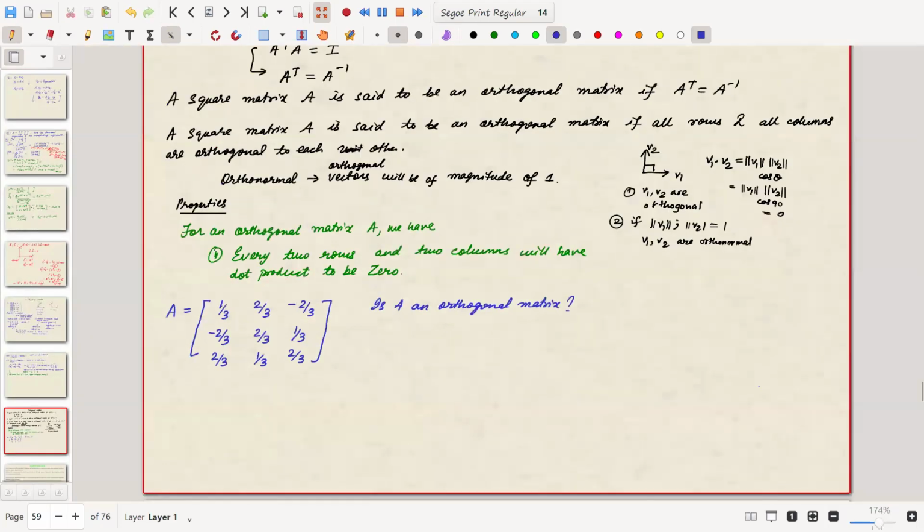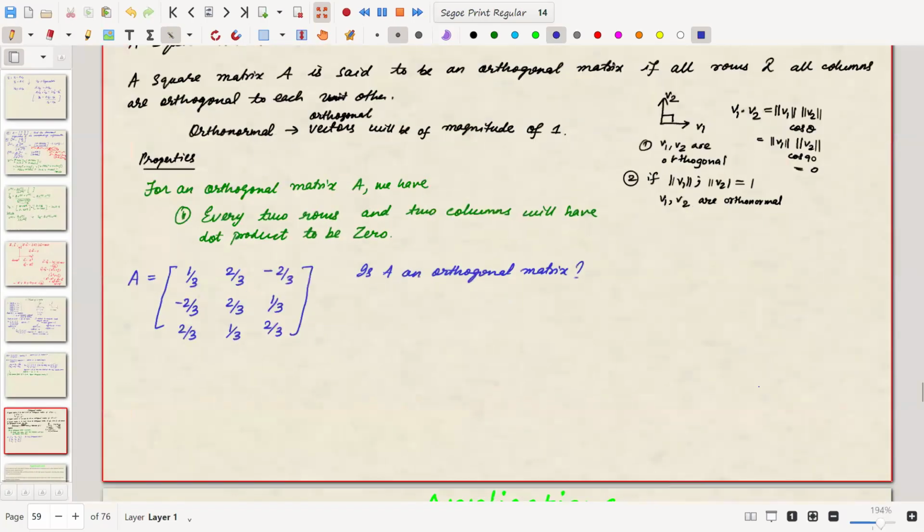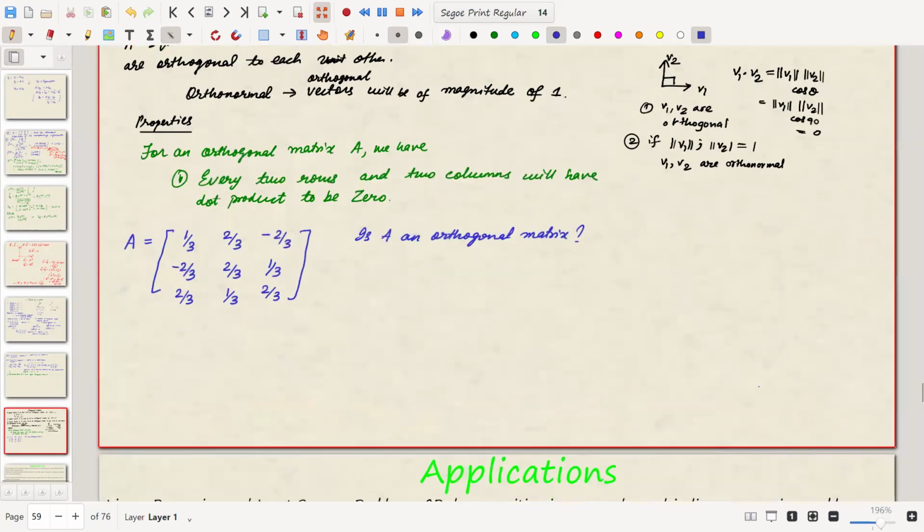So what I told you, you can check: take any two rows and take their dot product. Row 1 dot product with row 2, what are you getting? Similarly, row 2 dot product with row 3, or maybe row 1 dot product with row 3.